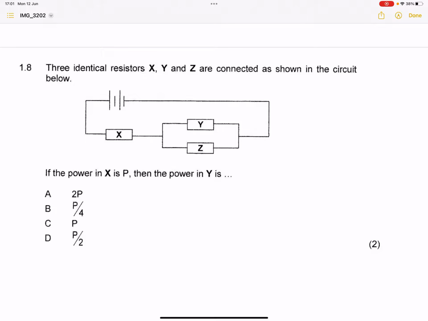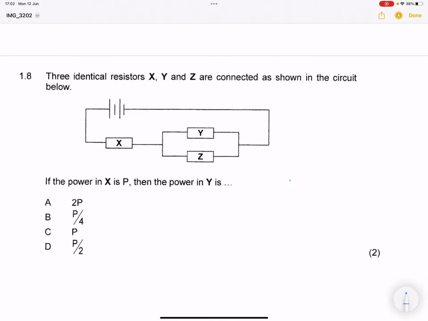They say we've got 3 resistors, X, Y, and Z, that are connected as shown in the circuit below. They say if the power in X is P, then the power in Y is? Remember, when we talk about power, we're going to compare it to the amount of current.